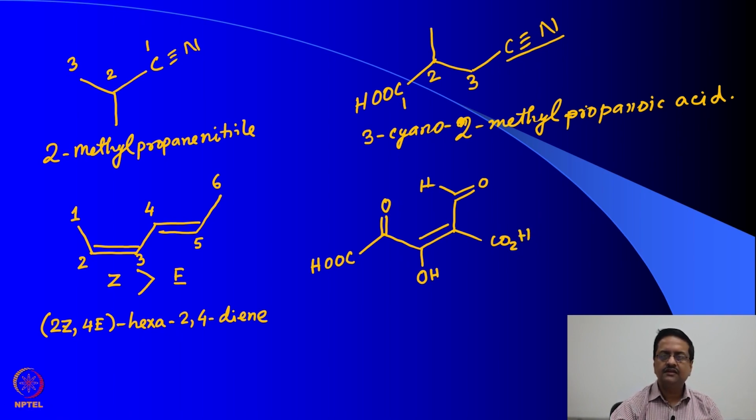So, by looking at the molecule, you can directly identify that this is a dicarboxylic acid. So, it should be written as dioic acid at the end. So, that is the family of the compound. But then the numbering should start from the side where you have the higher priority groups.